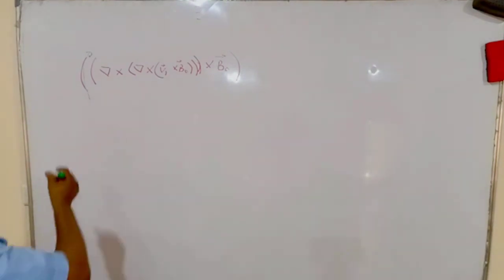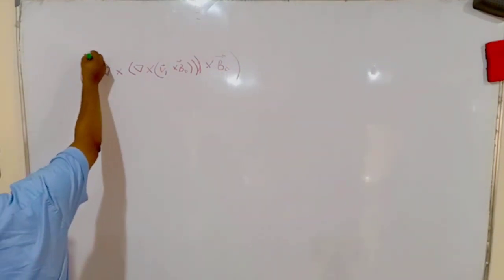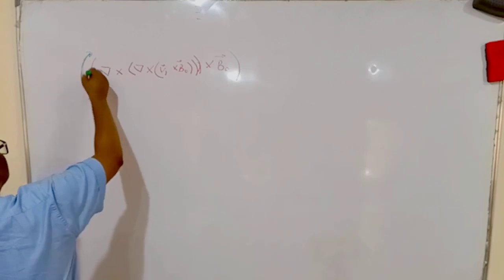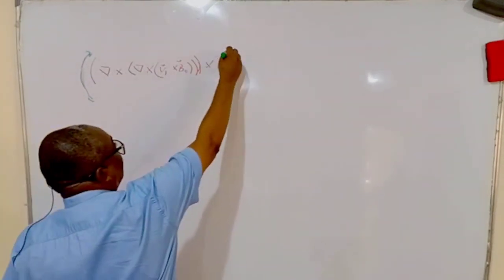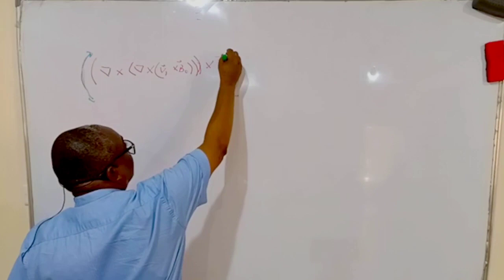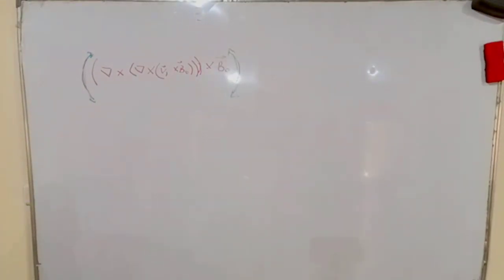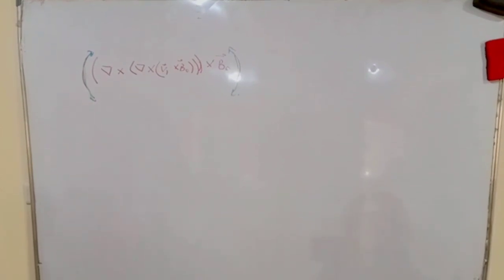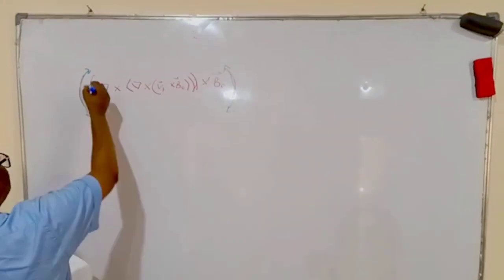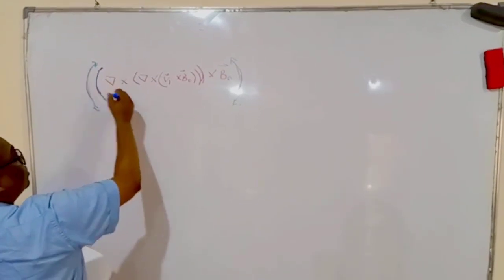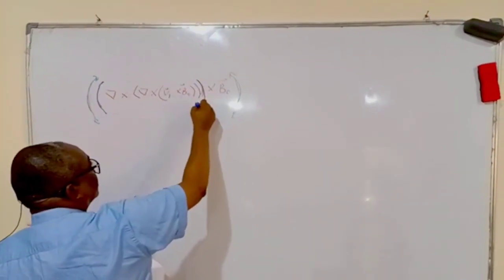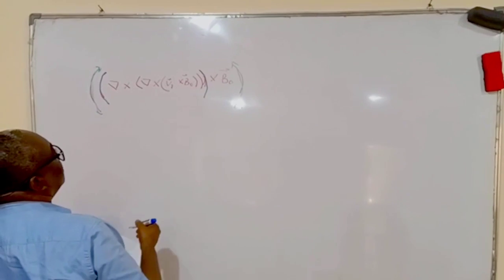Okay. Now, you see this one? Are you following me? This very one, blue, is for this. Is it not? Yes. Okay.